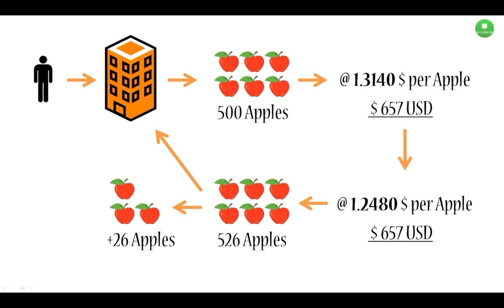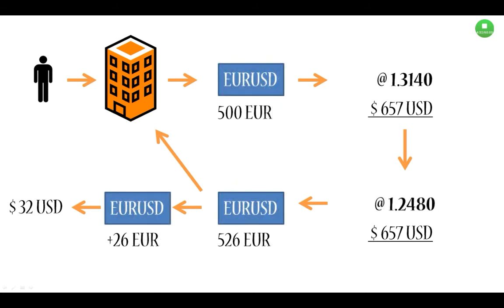And now what you do with these 26 apples is you convert them back into US dollars at the exchange rate at the time. And that basically means that now you have a profit of 32 US dollars. Now, if we replace apples with euros, as we did previously, you will see that nothing changes. This whole scheme works also for euros just as it did for apples.